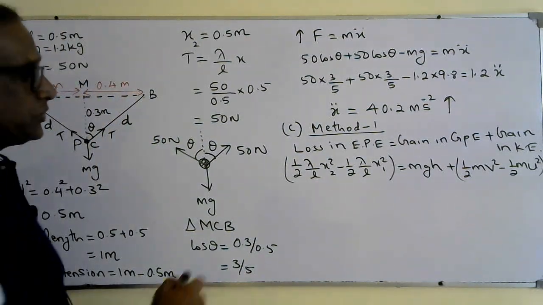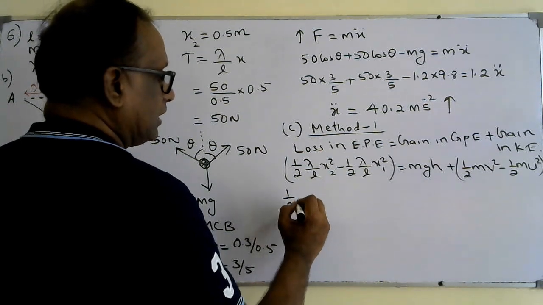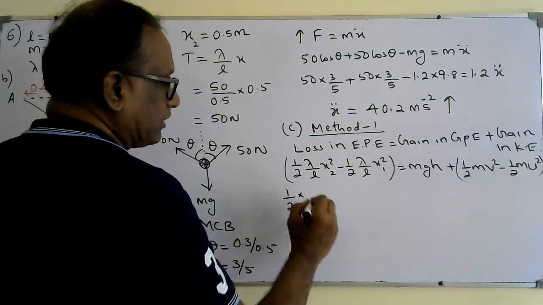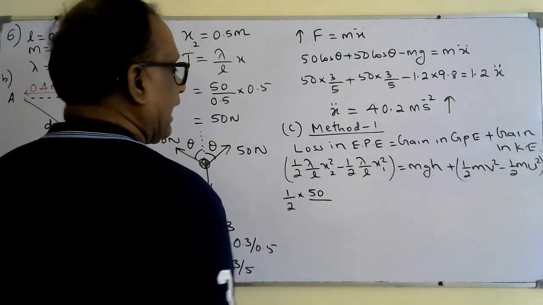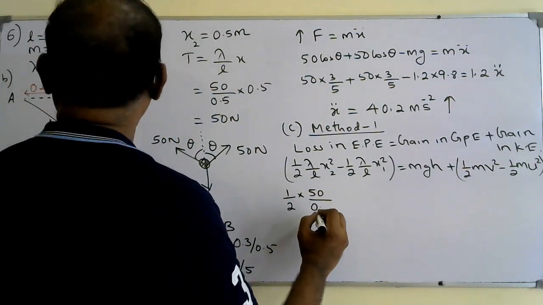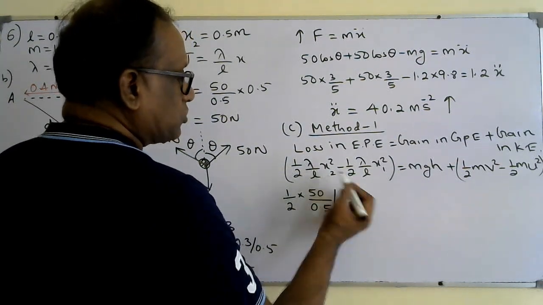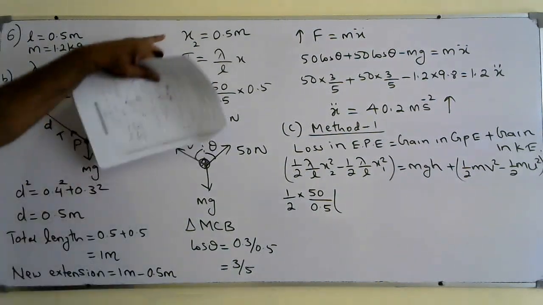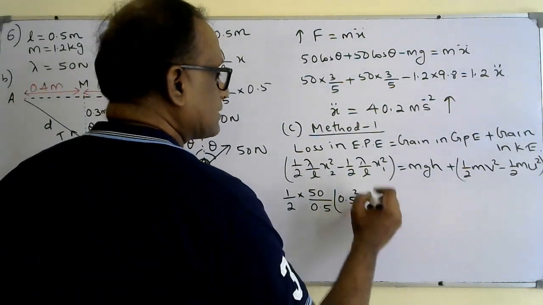Okay, so we'll substitute half lambda over L, I can take it out, half lambda over L, we know the value of lambda, that is 50. L is 0.5. x2 squared, x2 is 0.5 squared, minus x1.